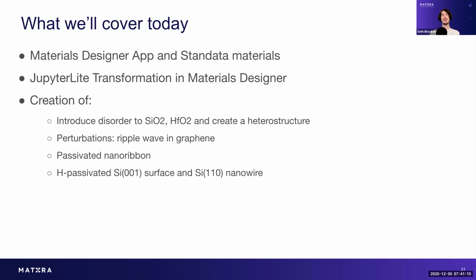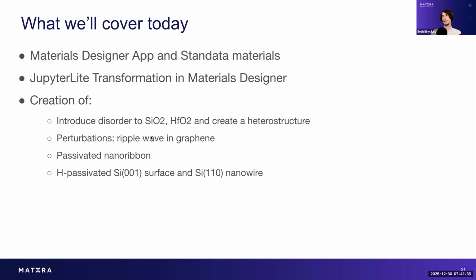So now we're coming to the hands-on demonstration. And today we're going to be reviewing the Materials Designer app, and we're going to be using some of the materials from Standata. Within it, we're going to be using Jupyter Lite transformation inside of Materials Designer to create a set of materials.